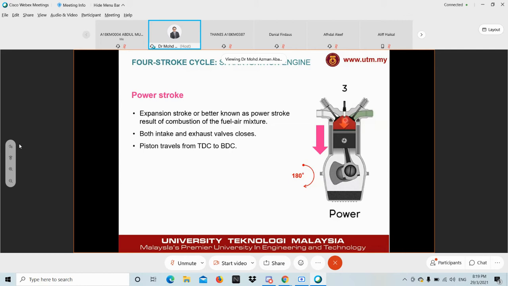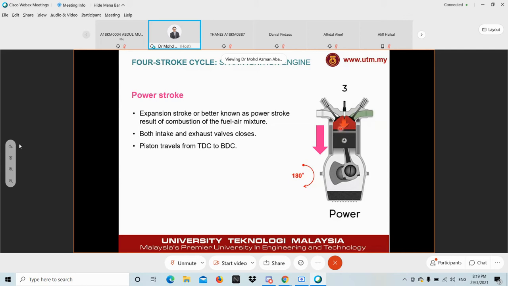The combustion gas expands, and due to the combustion and explosion, it creates a force to push the piston downwards, back to BDC. The expansion stroke, better known as the power stroke, results from the combustion of the fuel-air mixture. During this stroke, both valves remain closed.